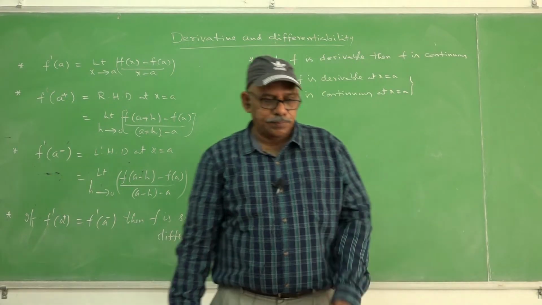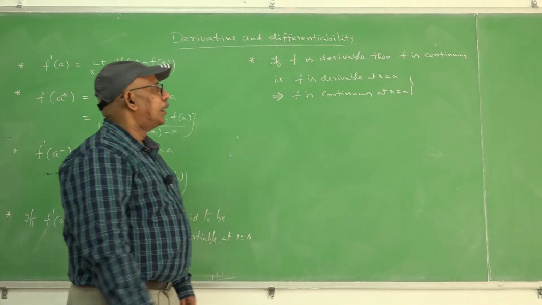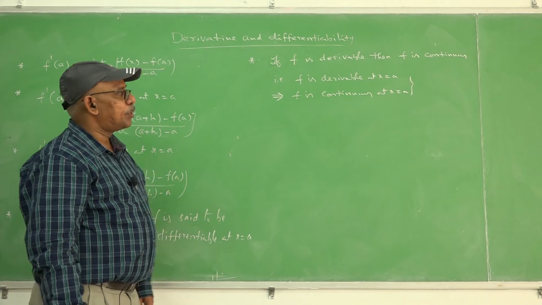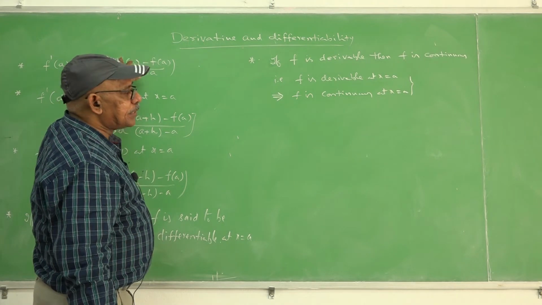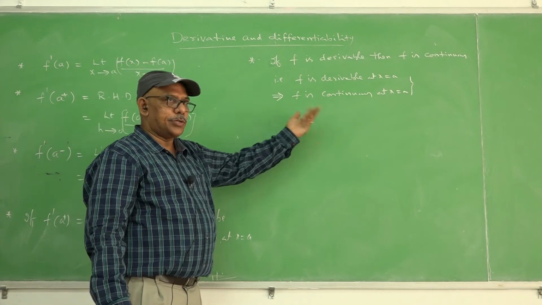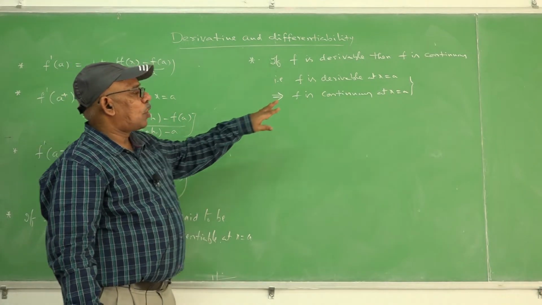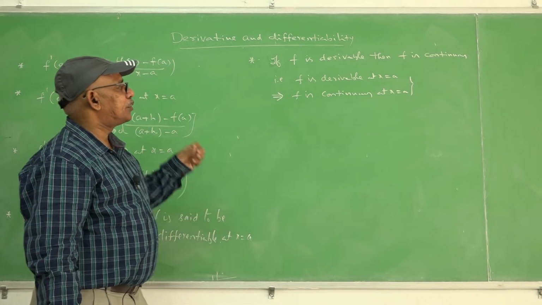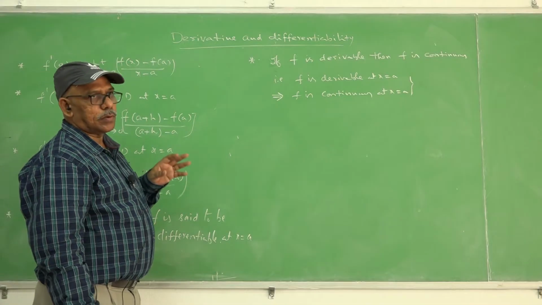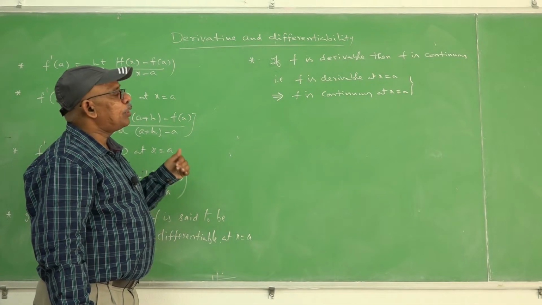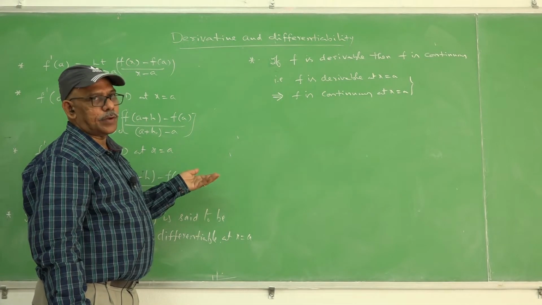Derivability implies continuity of the function. Once the function is derivable at x equal to a, once this limit exists, then you can say that the function is continuous also. But the converse need not be true. That means once f is continuous, we cannot conclude whether f is derivable or not.